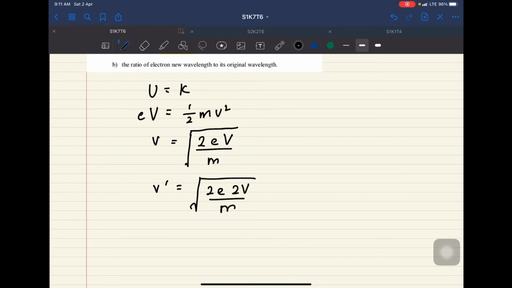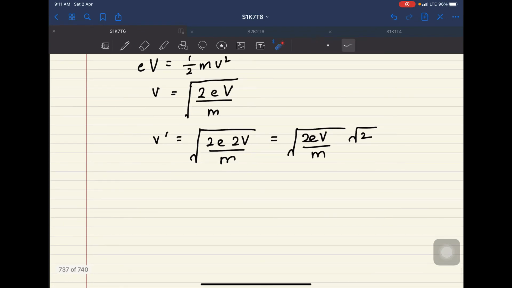Then I can factorize the square root of 2. It becomes the square root of 2eV over m multiplied by square root of 2. And 2eV over m is basically this thing, so I just highlight this one. That one is just v. So your v prime, or your new v, is v square root of 2.